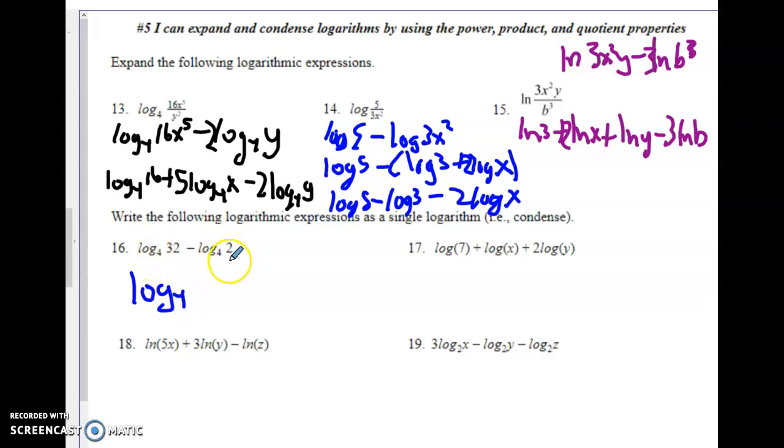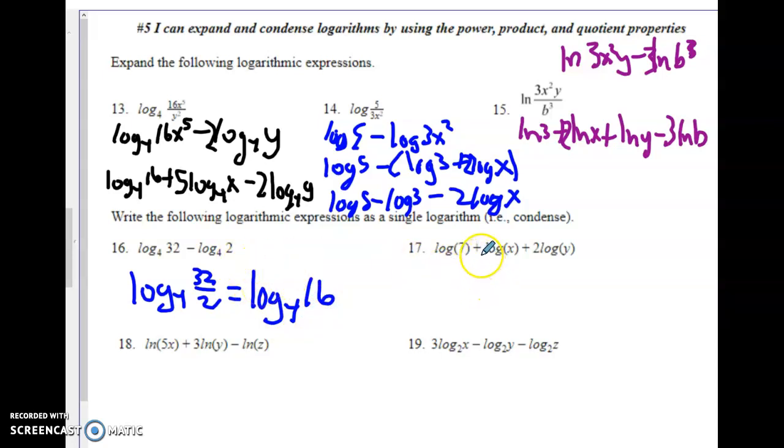They're both log base 4, 32 divided by 2. Now, because these are both just numbers, they can simplify. So we would change that to log base 4, 32 divided by 2 is 16. And then that's condensed and simplified.